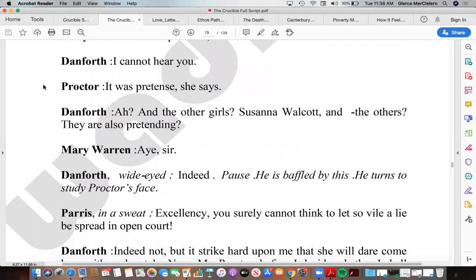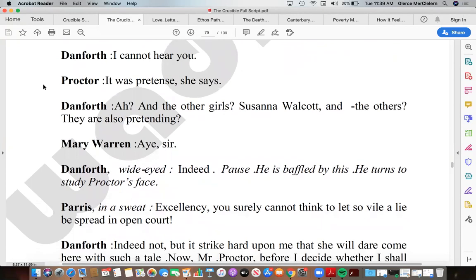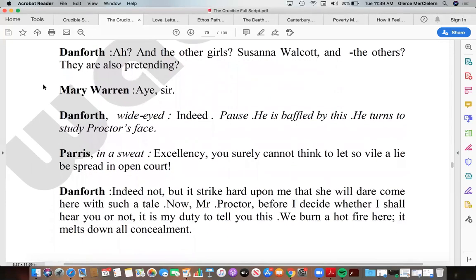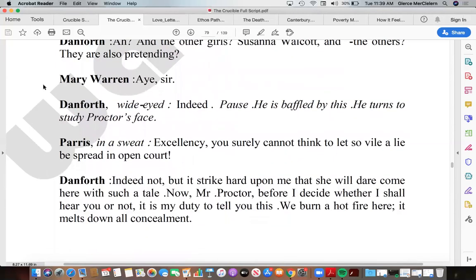And the other girls, Susanna Walcott, and the others, they are also pretending. Aye, sir. Indeed.